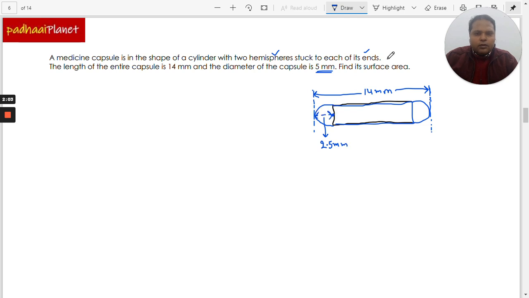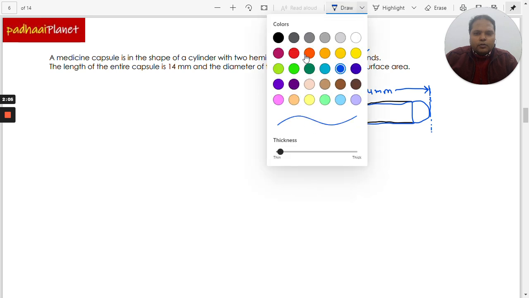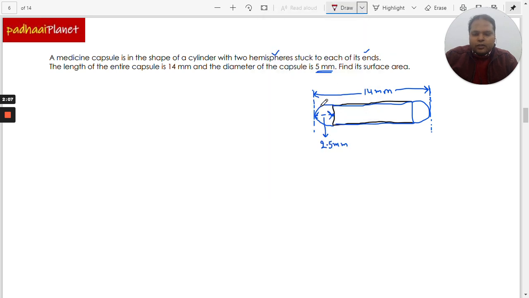Okay. Let me just use some other color so that it is very clear, right? So from point here till here it is 2.5 millimeters. Similarly, from point here till here it is going to be 2.5 millimeter, right?